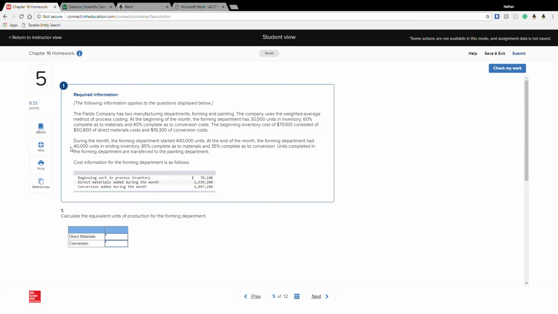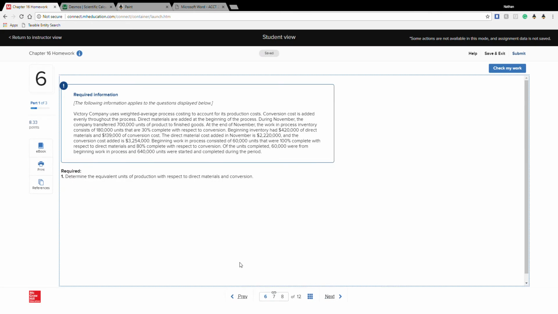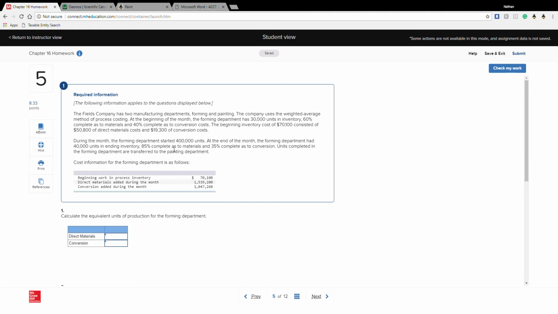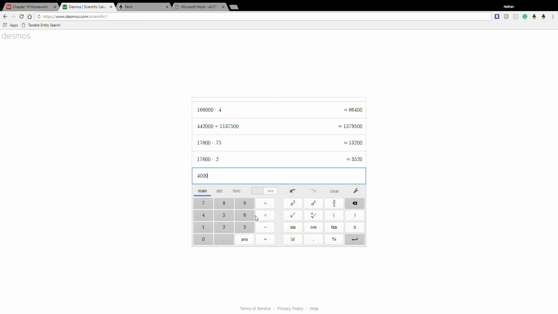We already got the ending units was 40,000. So we know we have 40,000 units, but I did not get my completed. We know during the month we had a beginning of 30,000 and we actually started 400,000. So just adding those two together, because those are our count, we know our counted has to also equal 430,000.